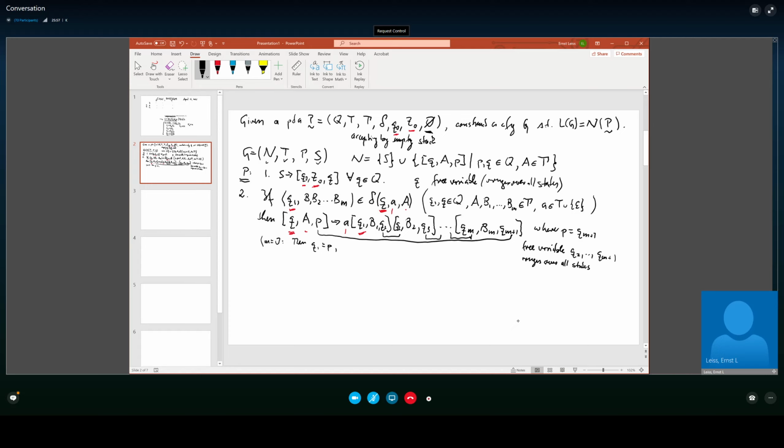And we have P, epsilon in delta of Q, little a, and capital A. And so then the production is Q, capital A, P goes to little a. So this is a special case.